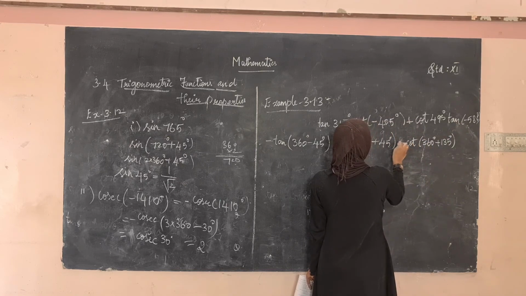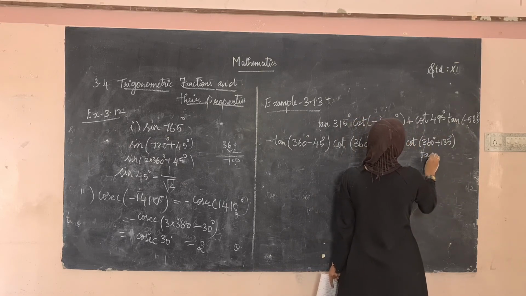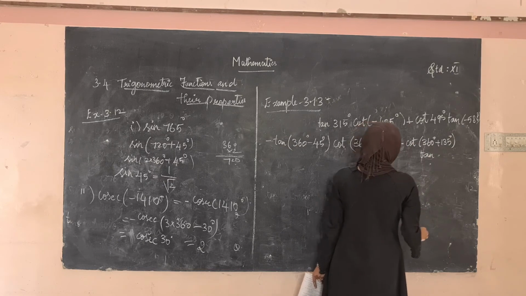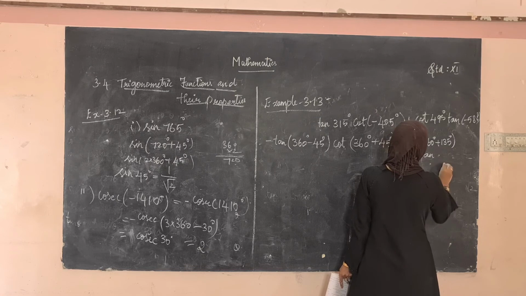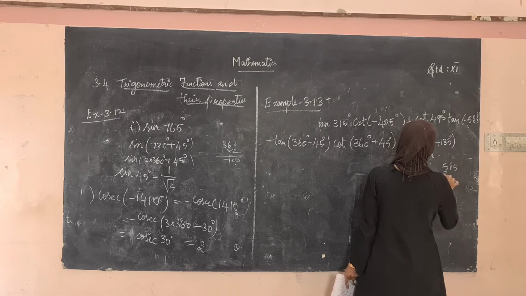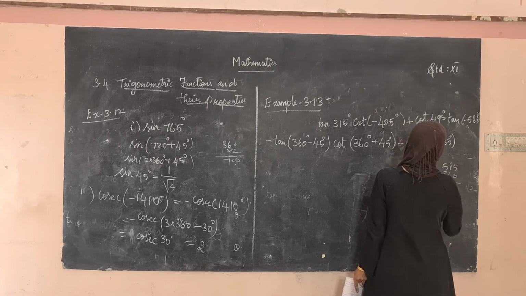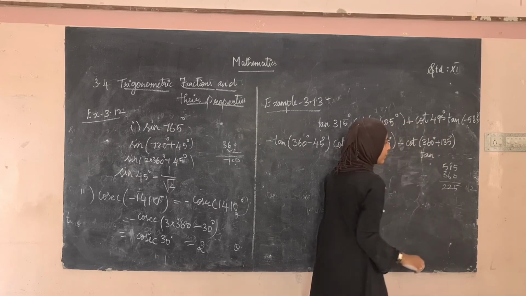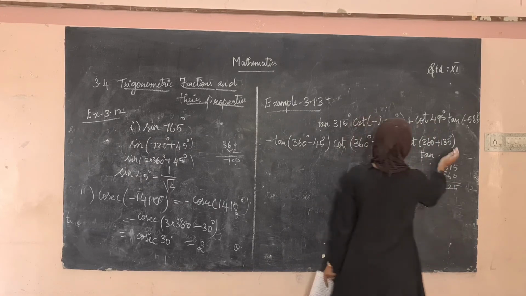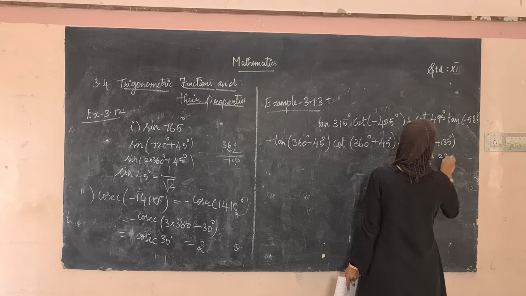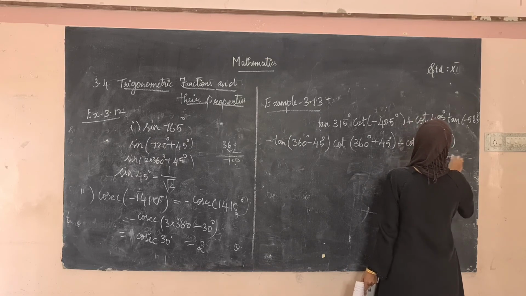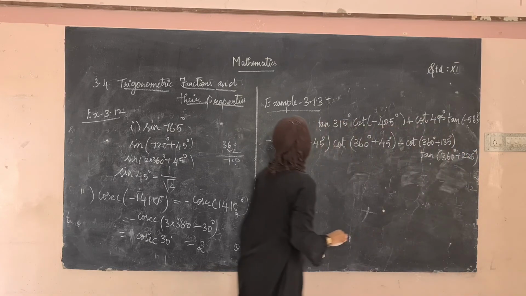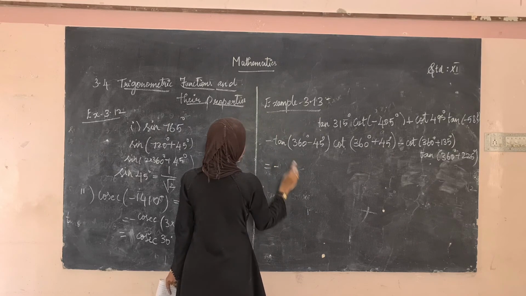So this becomes minus tan of, what is 585? 585, that is 360, 585, 225, right? It is 225, right? So this can be written as 225 degree. That is 360 plus 225 degree. Now it is equal to minus tan.